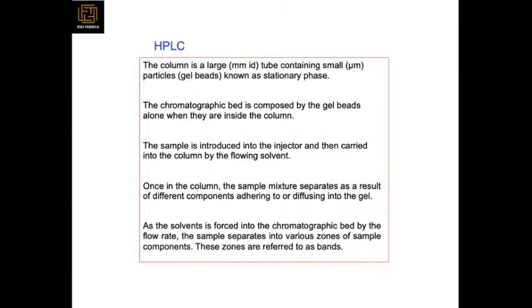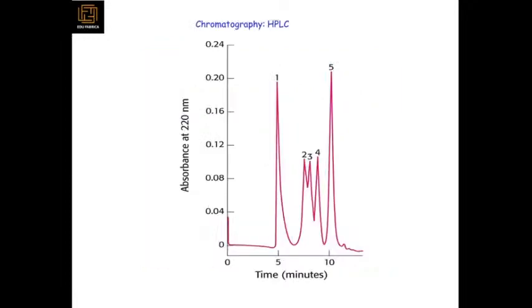In HPLC, the column contains small particles known as the stationary phase. The chromatographic bed is composed of gel beads inside the column. The sample is introduced into the injector, then carried into the column by the flowing solvents. Once in the column the sample mixture is separated, as different components adhere to or diffuse into the gel, as I explained before, and these zones are referred to as bands.